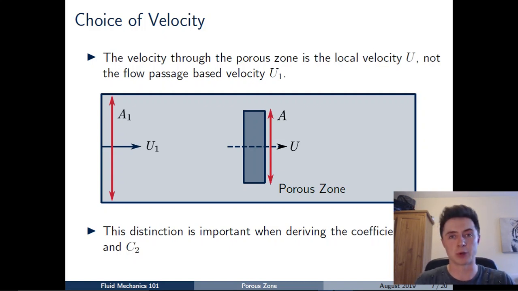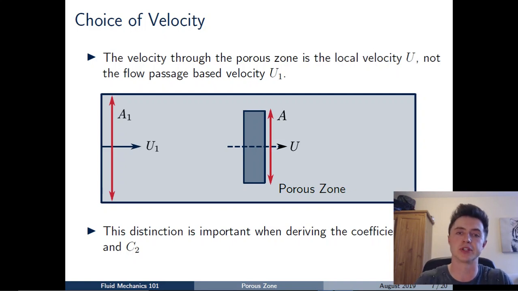Now, it's very important at this stage to carefully consider the choice of velocity that we use in that polynomial. If we consider this flow passage where the porous zone only occupies a fraction of the width of the flow passage, then you have U1, which is the volume average velocity across the entire flow passage, and we also have U, which is the volume average flow velocity across the porous zone itself.